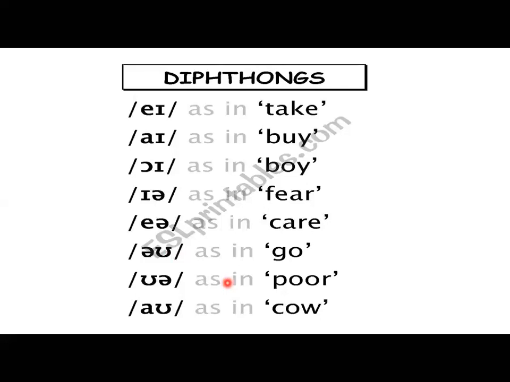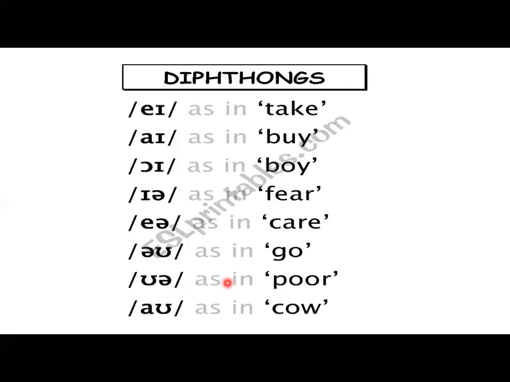So we'll just say poor, not poor with an R. Indian people say poor because we have the habit of pronouncing R. But in standard pronunciation, R should be silent. So we have to pronounce it as just poor, or sure, S-U-R-E, or cure, C-U-R-E. So in this way, you will find it in some of the words in English.